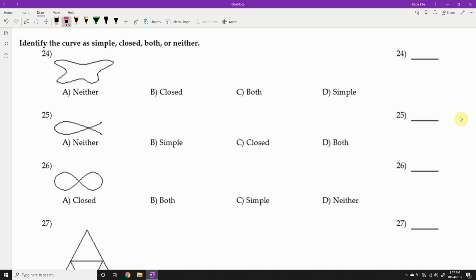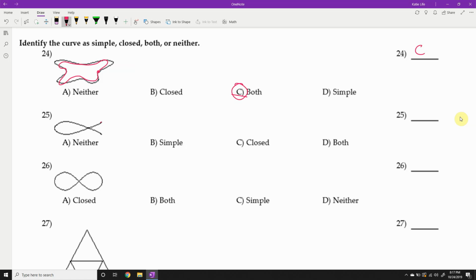So in number 24, we could start in one place, trace the figure, never cross over anything else, and end back where we started. So that is both simple and closed. So number 24 is C. Okay.